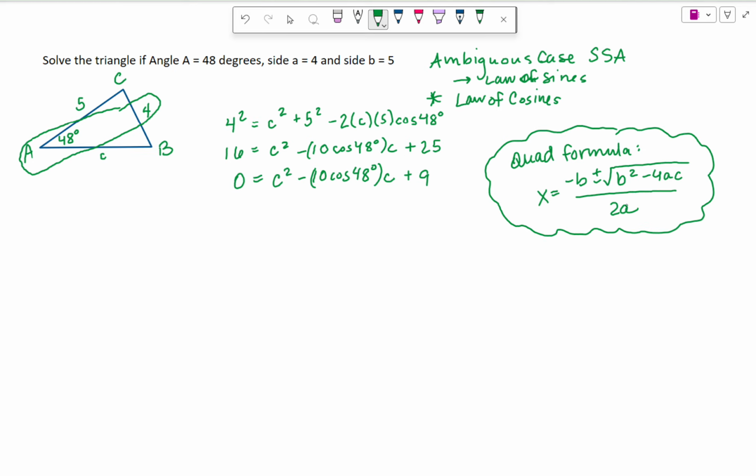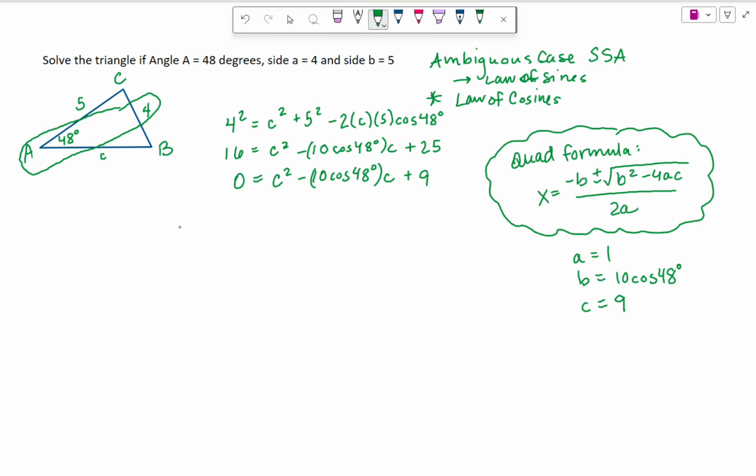You'll use it a couple times and you'll remember it. In this case, unfortunately, our variable is c, so I'm still just going to use the a, b, and c here, and I'll call our variable x during the problem. We have an a of 1, the number in front of the variable squared term, a b of negative 10 cosine of 48 degrees, and a c of 9.